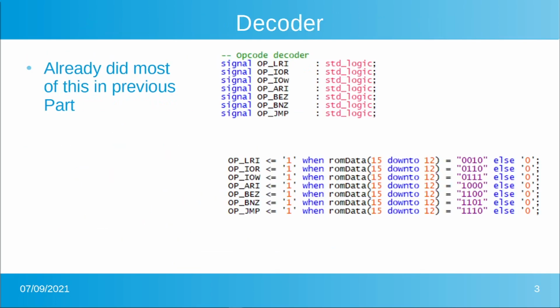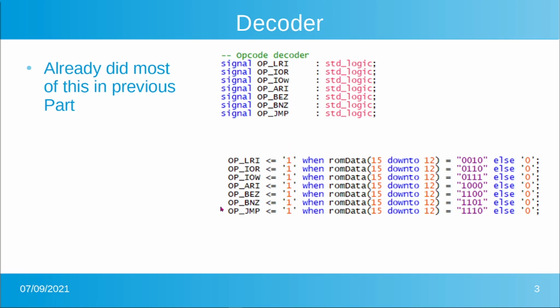Well, I decided to jump the gun earlier and already did the decoder. So we already have our 7 instruction signals in the CPU_001.vhd file. Those 7 signals are the op for the opcode, and load register immediate down through jump.